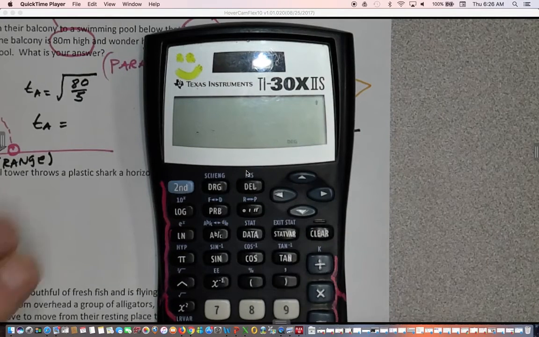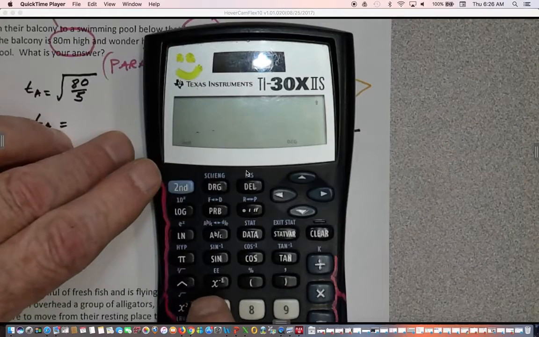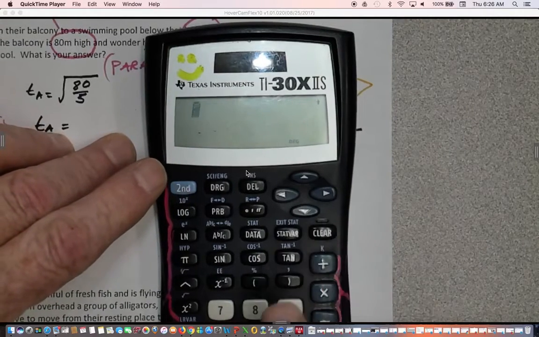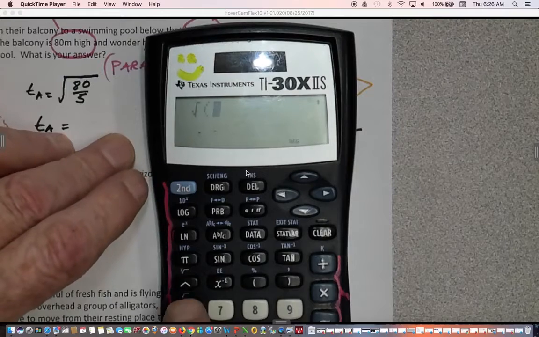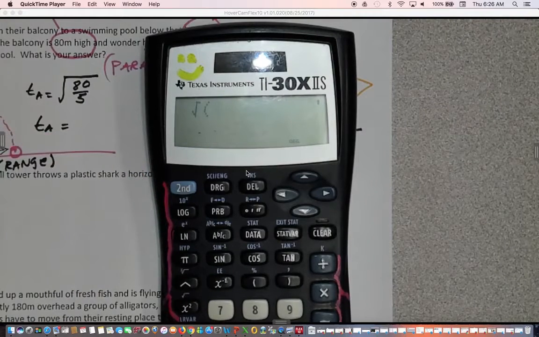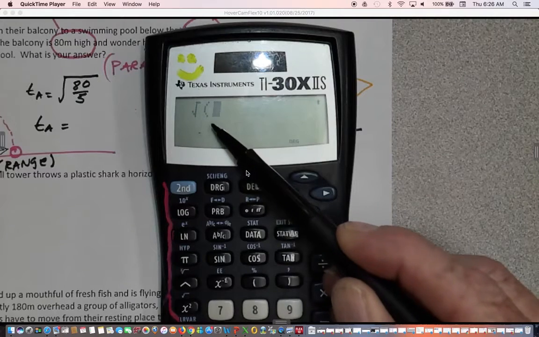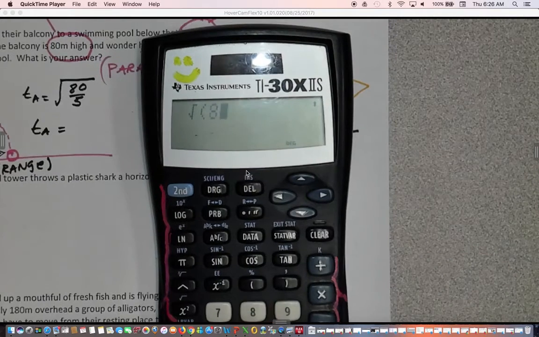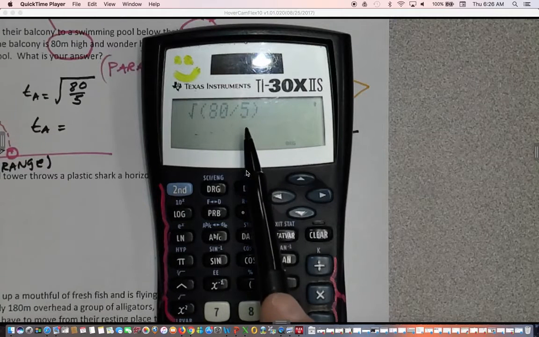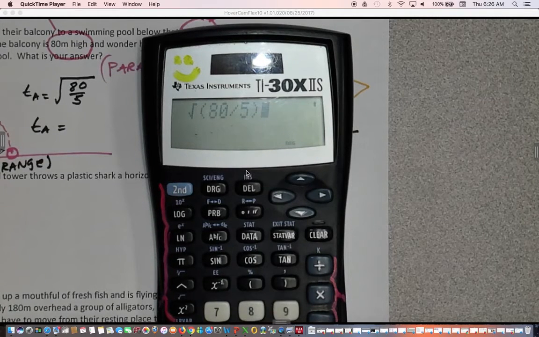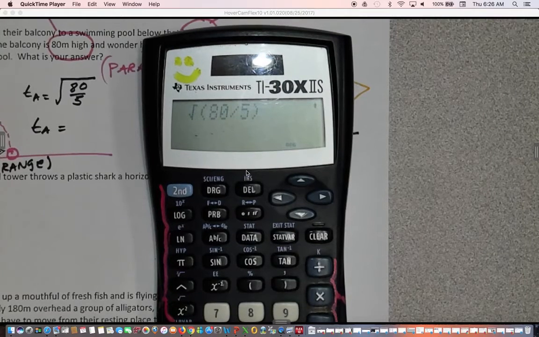Another way to do this is do second square root, get the square root symbol up there. Notice the parenthesis. Put 80 divided by 5 and close the parentheses. If you do not close the parenthesis, you'll not get the right answer. You can try it on your own, but this is the correct answer.